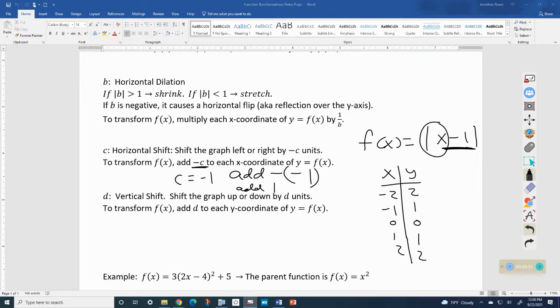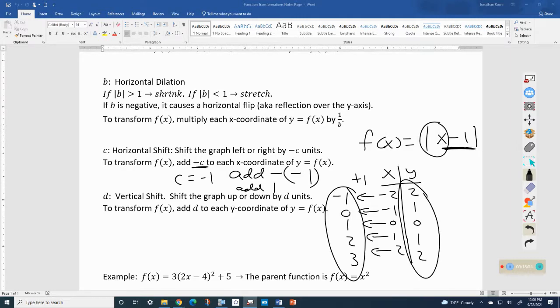Adding 1 to all of the x coordinates. So negative 2 plus 1 is negative 1, negative 1 plus 1 is 0, 0 plus 1 is 1, 1 plus 1 is 2, 2 plus 1 is 3. These are the new x coordinates for my ordered pairs, and the y coordinates haven't changed.